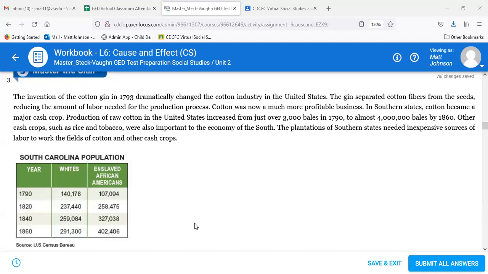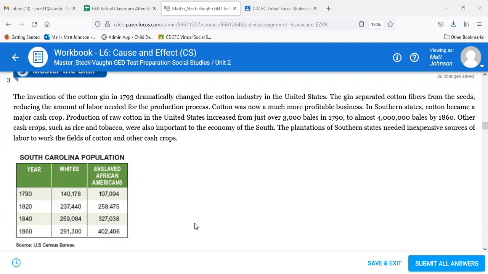So by 1860, that's right when the South is considering that we're in jeopardy of losing our free workforce, our slave workforce, under a presidency of Abraham Lincoln. It's just dollar signs to them.